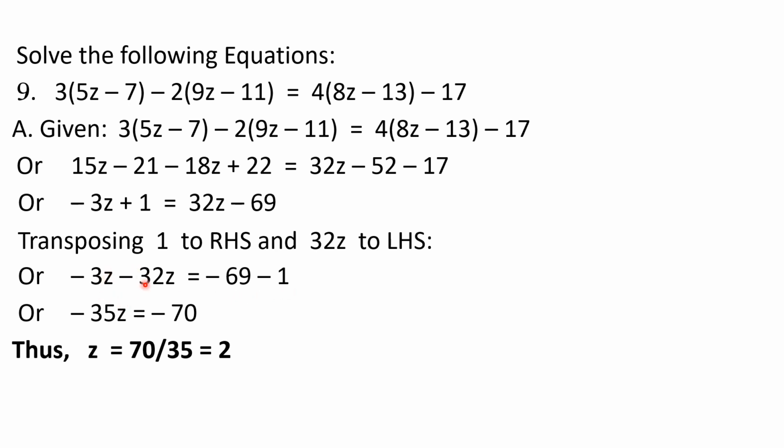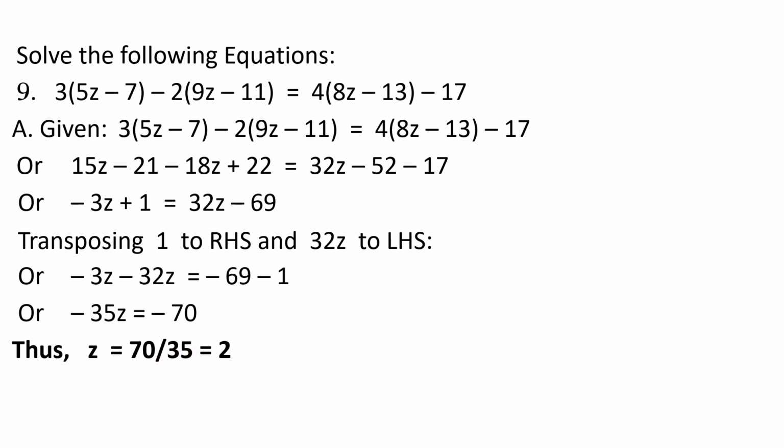Minus 3 minus 32 becomes minus 35z, and minus 69 minus 1 becomes minus 70. Minus sign on the left hand side cancels out the minus sign on the right hand side. So z is equal to 70 upon 35. 35 times 2 is 70. So z is equal to 2.